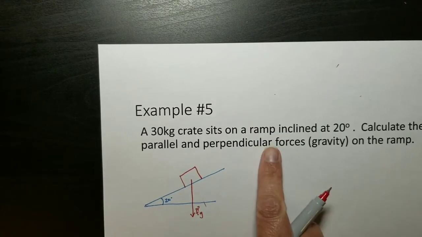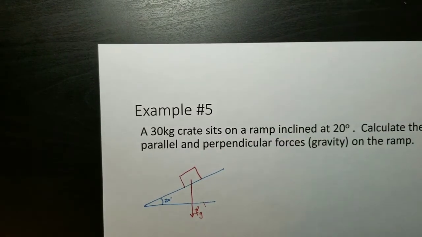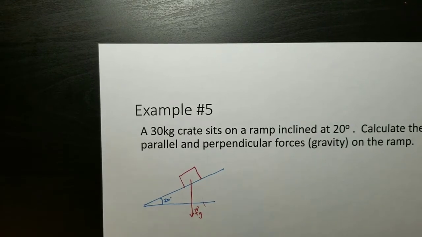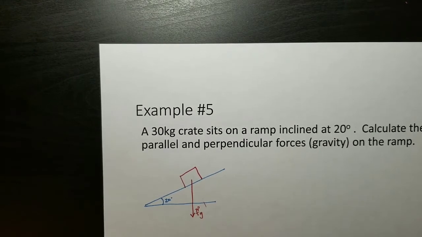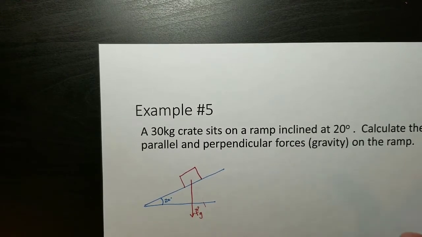Now, if this crate is not moving, what are the component forces that would be acting against that? Or another way of thinking about this, it's going to end up being the same either way: what would the forces pulling this down the ramp be? Some of gravity is going to be coming down, but some of the force of gravity would be going like this.